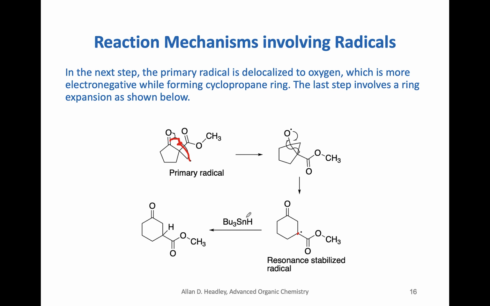And of course, we know the function here is for this to give a hydrogen atom, or hydrogen radical, to the radical here, to get the final product, which is shown here. So again, you should be able to look at reactions of this type and explain how it goes from reactant to product by radicals reacting to give different intermediates.